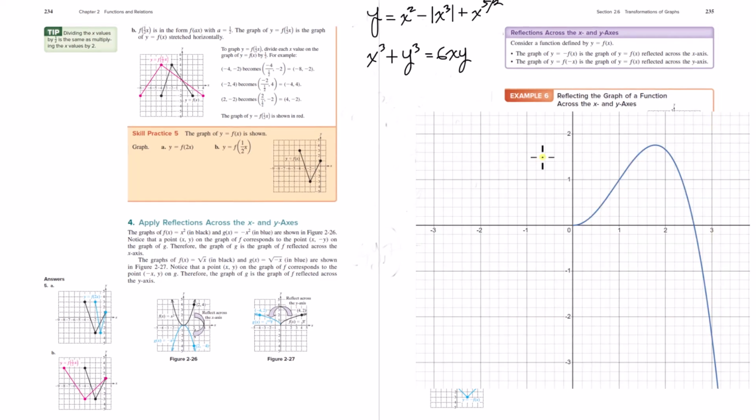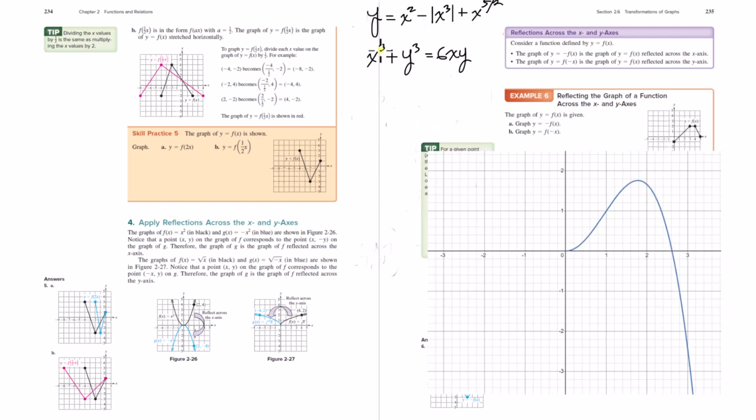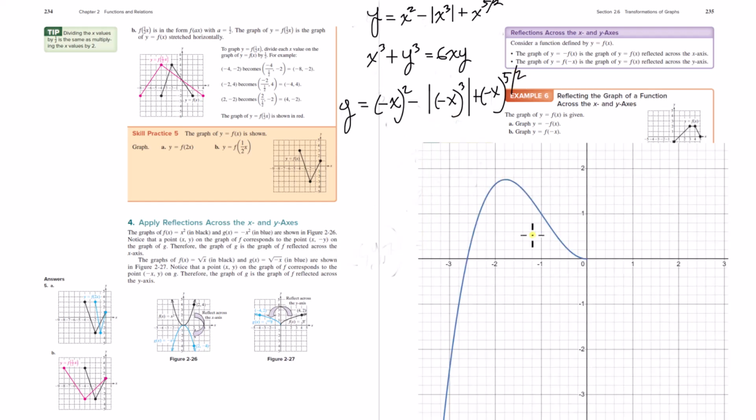Let's reflect this about the y-axis. So I would put a minus sign in front of every x value. Okay, let's see what this looks like. There you go, reflected about the y-axis.